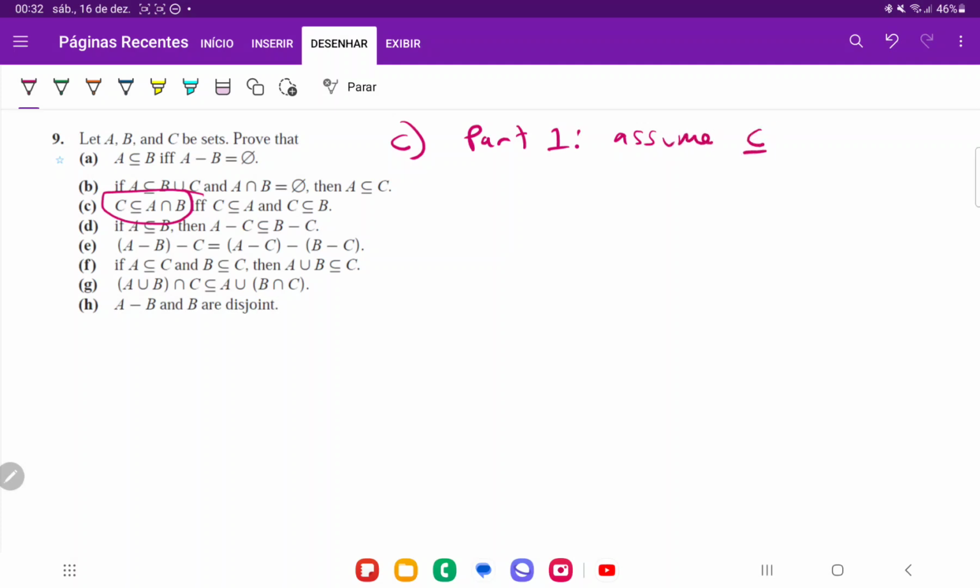Assume that C is a subset of A intersection B, right? And we want to show that it leads to C being a subset of A and C being a subset of B. So we're going to say, let X belong to C.